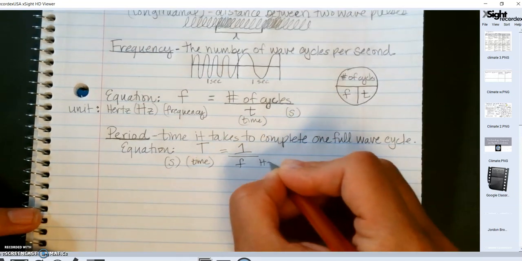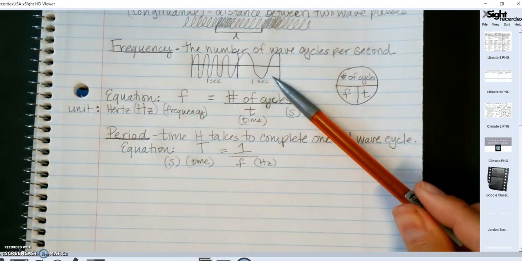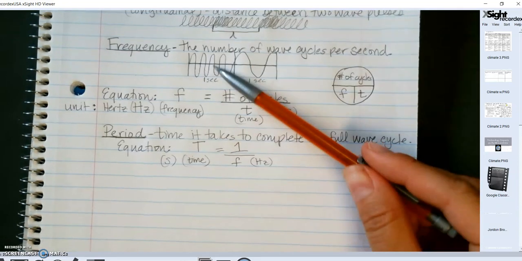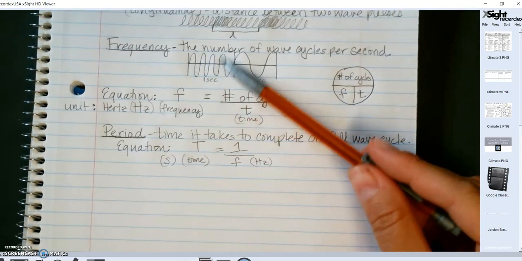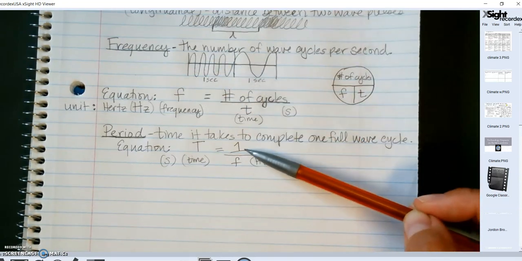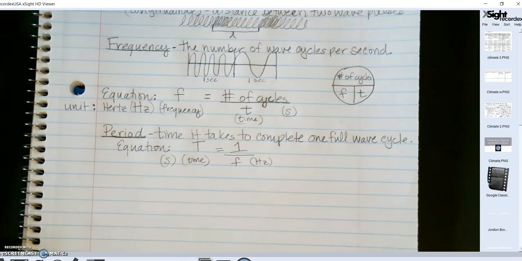And remember, frequency is in hertz. So we're taking that second of time and dividing it by how many wave cycles go through. And that is going to give us the period, or the time period, for one wave cycle.